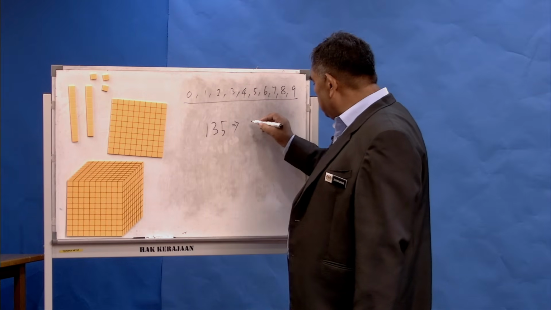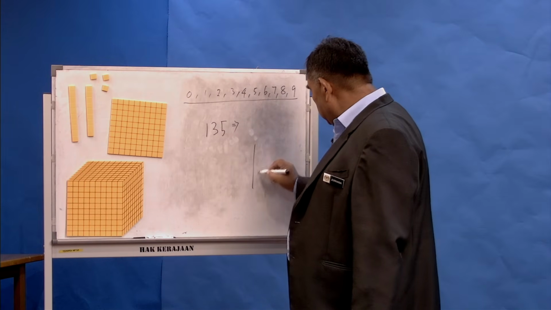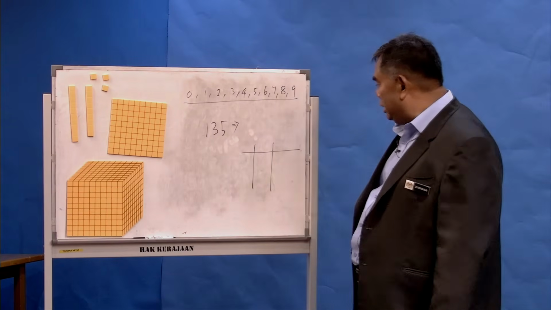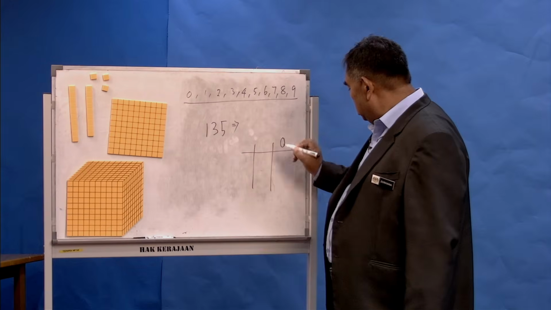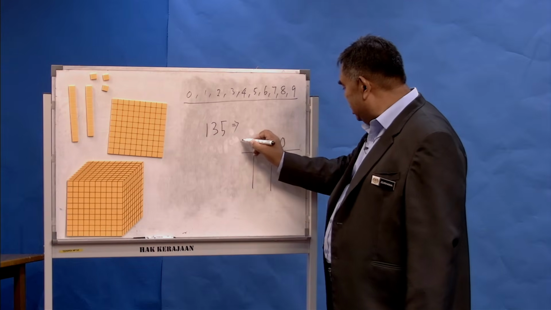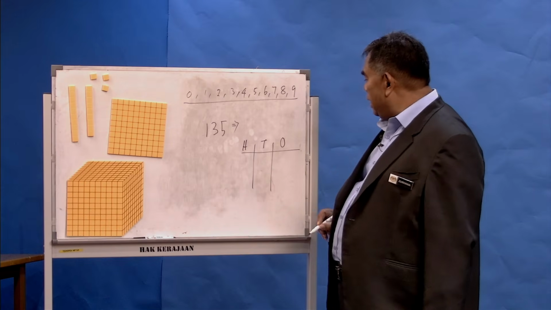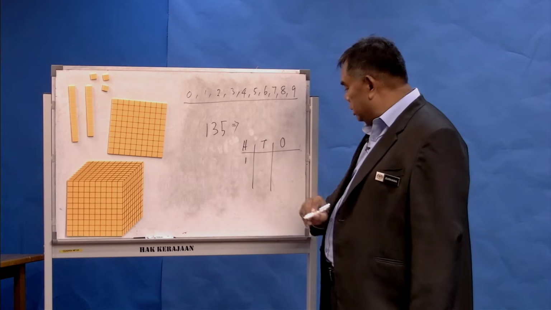Because this one, we can decompose it. How many hundreds do we have? This is the place value chart: ones, tens, and hundreds. How many hundreds here? 1 hundred.